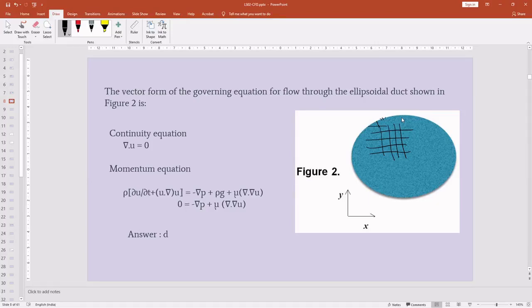Or another method is called hybrid meshing. I will have to give some other layers with a gradually increasing growth factor, the stretch factor. These are two meshing processes.